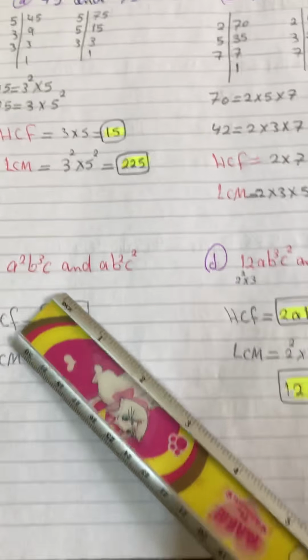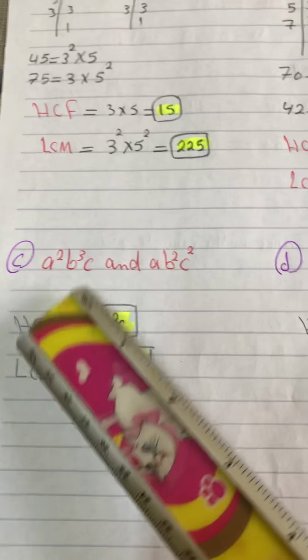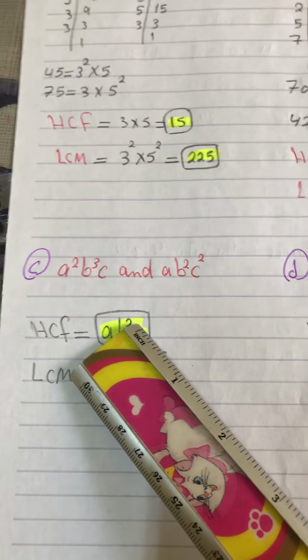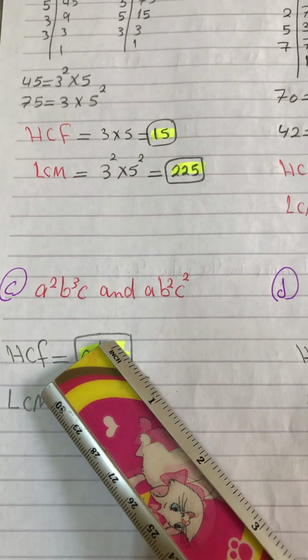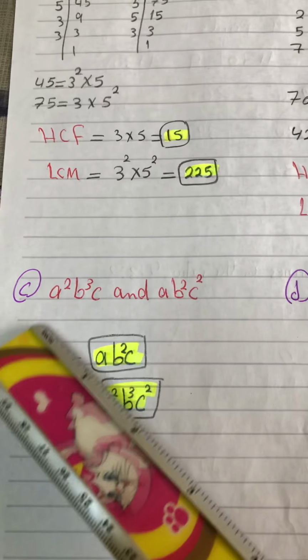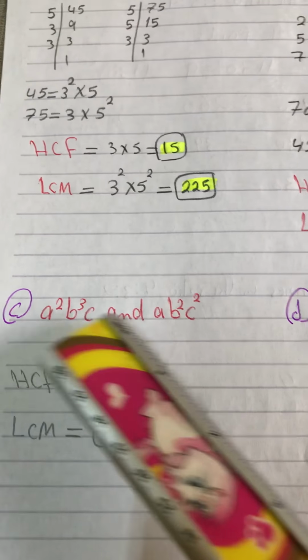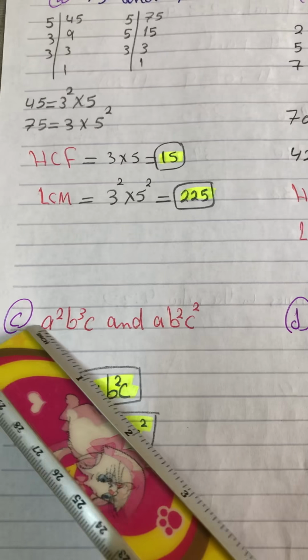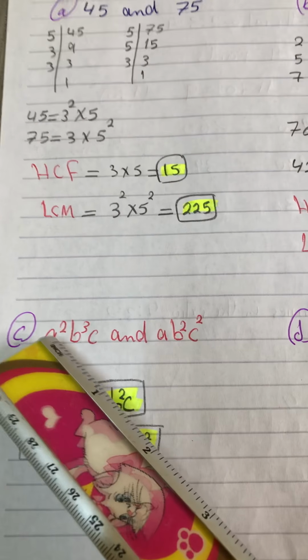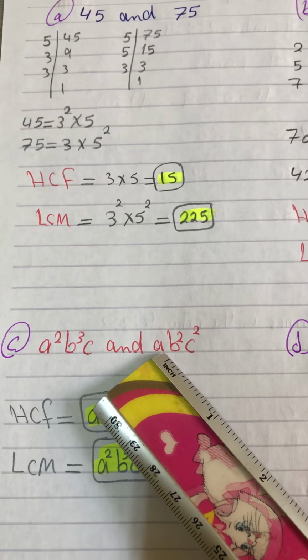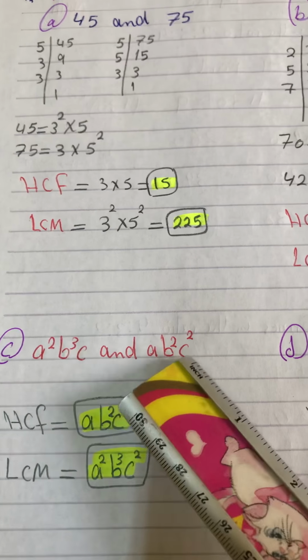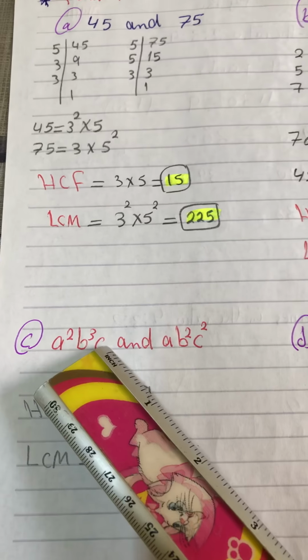If you have variables, letters like this, to find the highest common factor, I'll do the same. I'll take the repeated. A is repeated, B is repeated, C is repeated. So I'll take A, B, C. Which A with the least power? So A power 1. Which B with the least power? So B power 2. Which C with the least power?